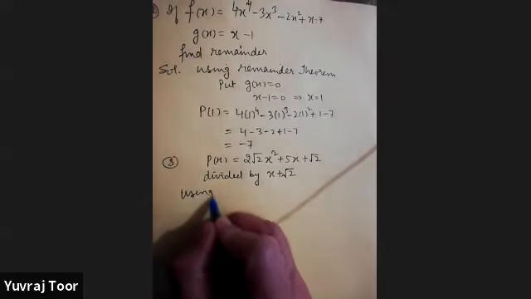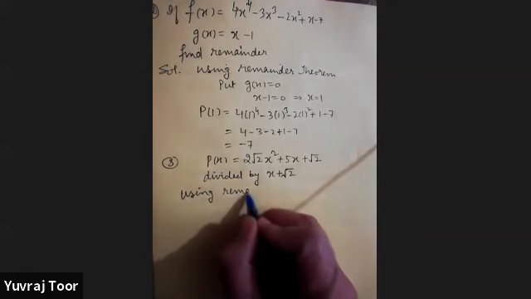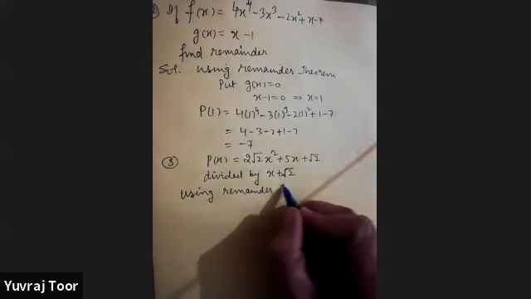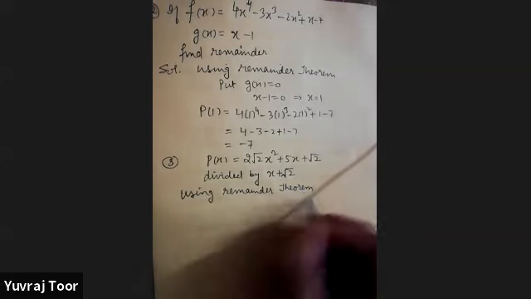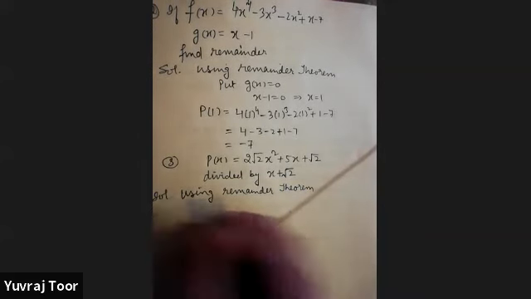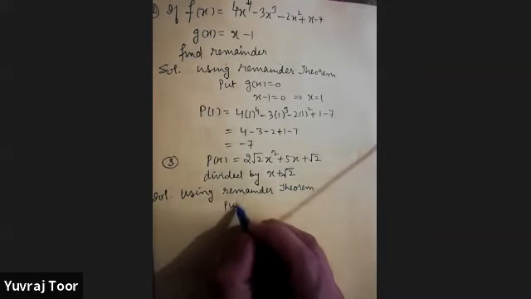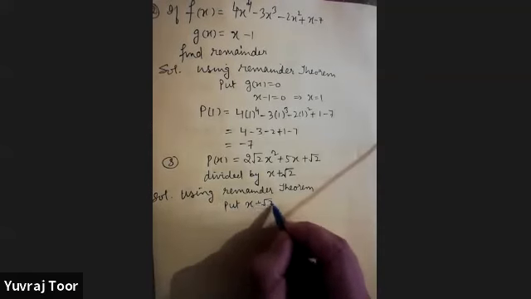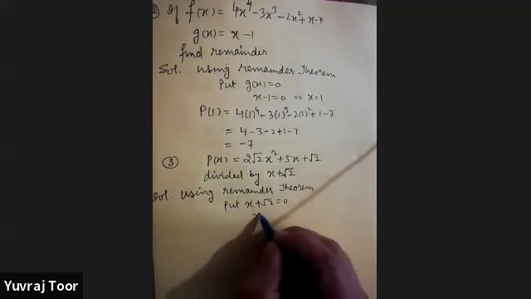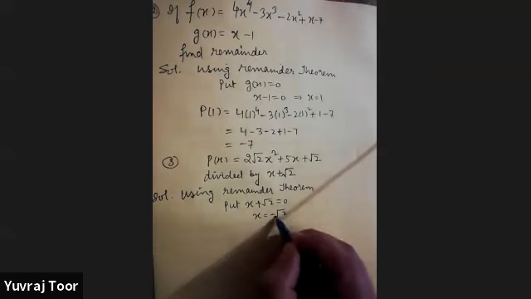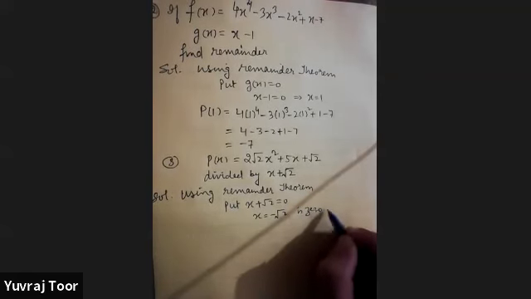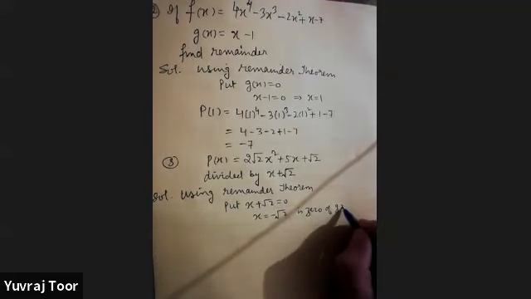Using the remainder theorem, put x plus root 2 equals to 0, x is equal to minus root 2, the 0 of g(x).